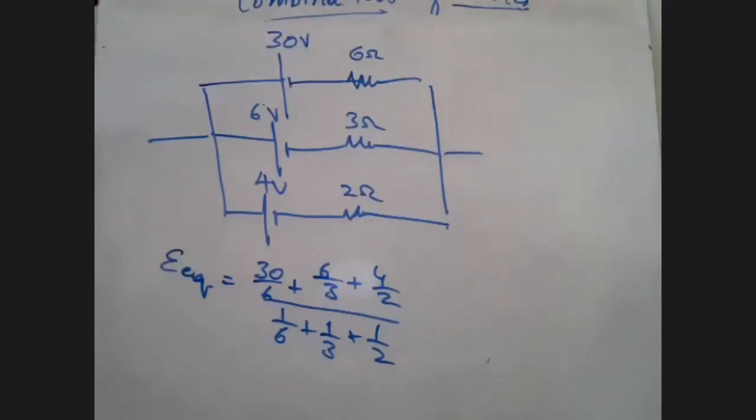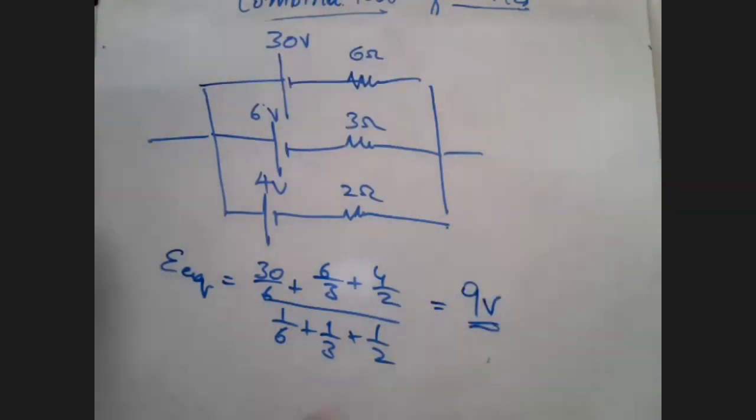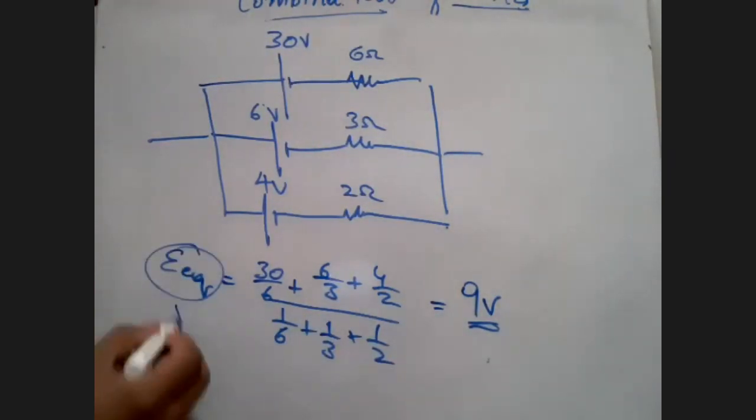Is epsilon equivalent equal to 9 volts? Did you get this answer? Yes, sir. I had asked you to find out the potential difference across A and B. So if I already found out what E equivalent is, E equivalent is the potential only, yes or no?